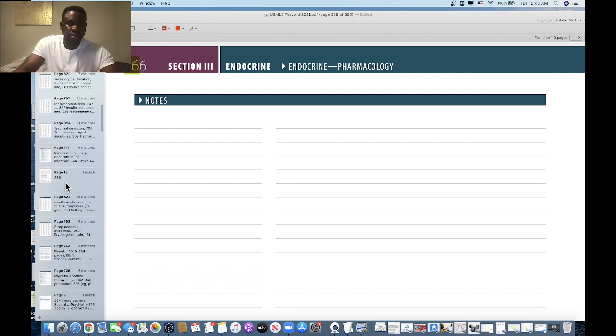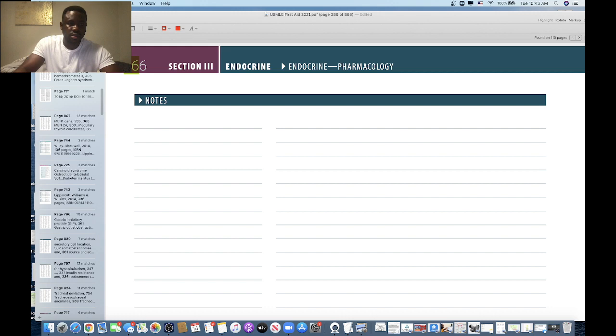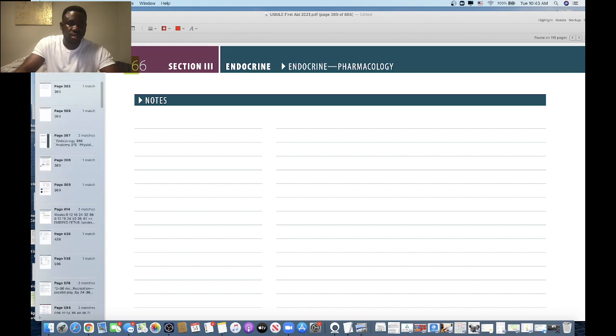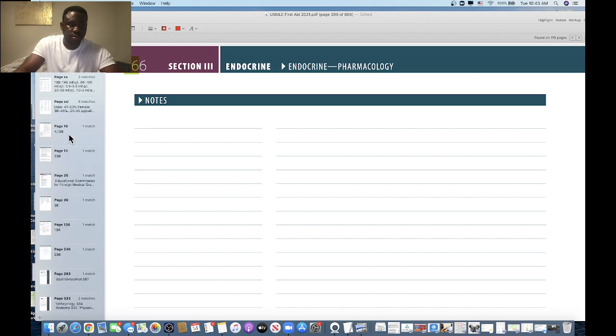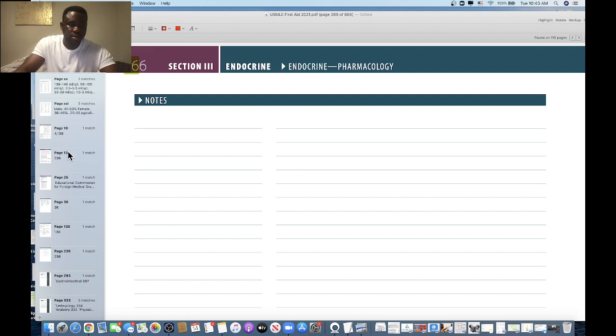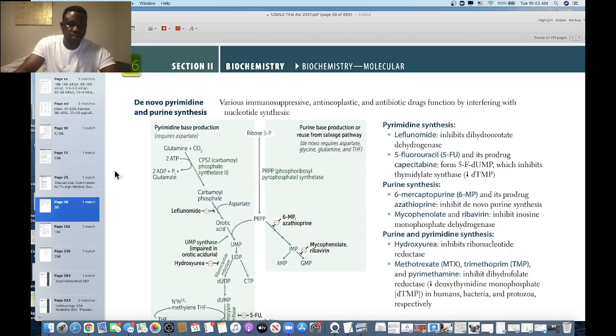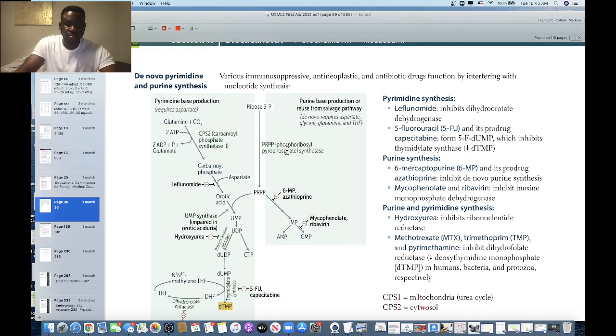So in page 36, you realize that now we are talking of orotic aciduria, meaning that we have increased orotic acid in the urine, right? So where does this occur? We use orotic acid to make UMP. But what enzyme do we use?